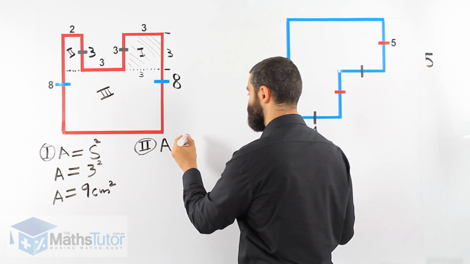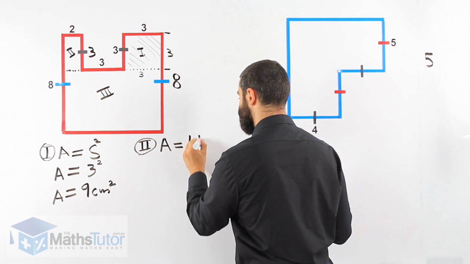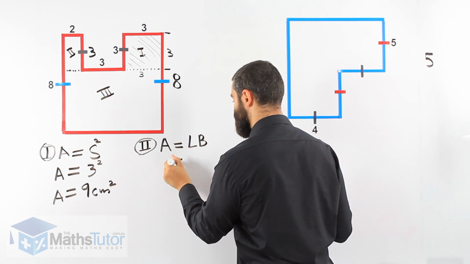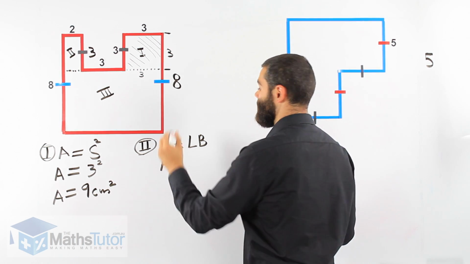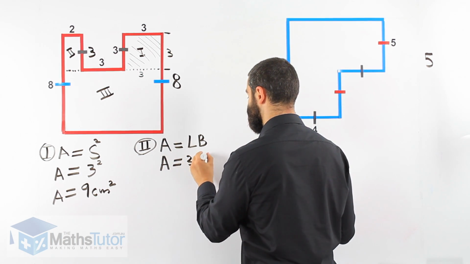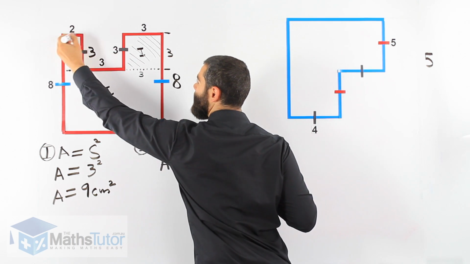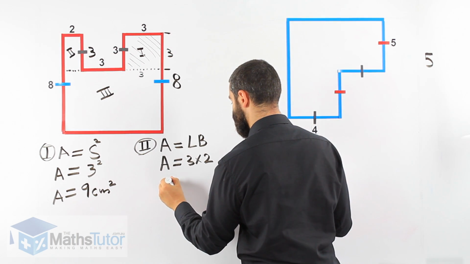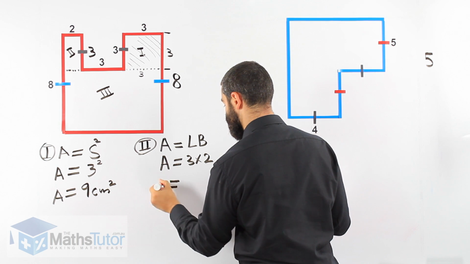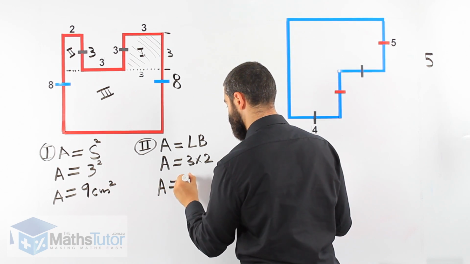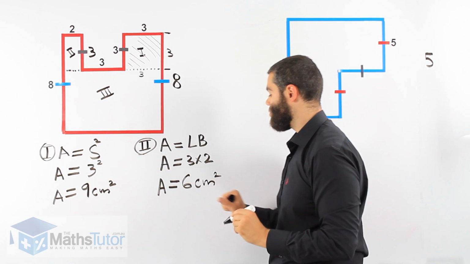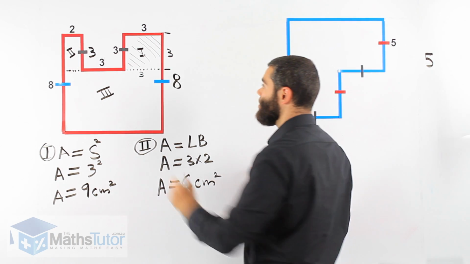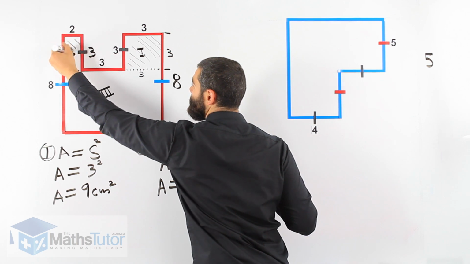So length times breadth: 3 times 2 is 6 centimeters squared, or square centimeters. So area 2 also has been completed.